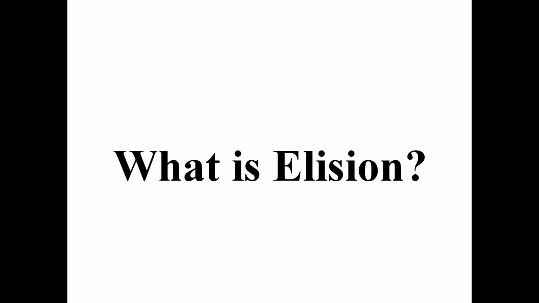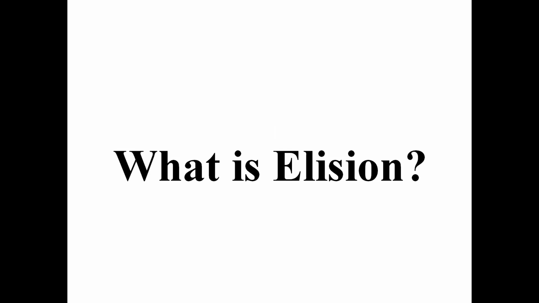This disappearance of sounds is called elision. So we can say elision is the omission or dropping of a sound in fast or connected speech. It happens naturally in everyday speaking to make pronunciation smooth or easy.